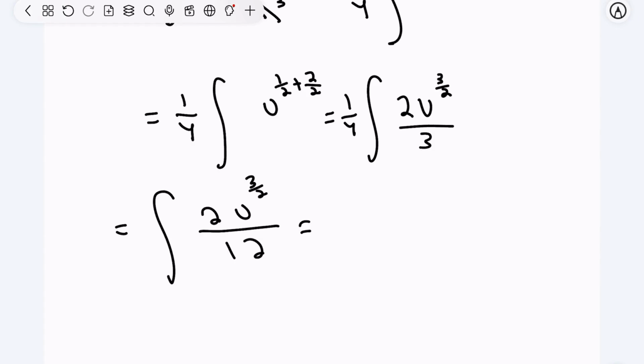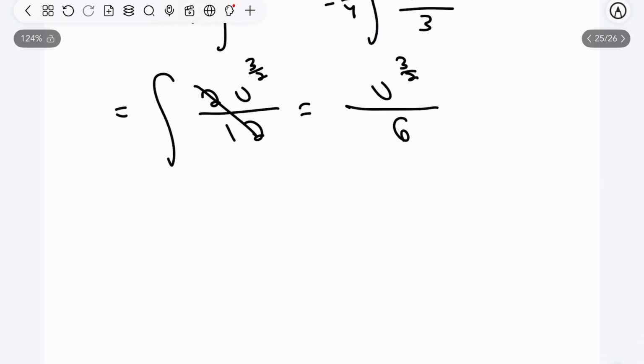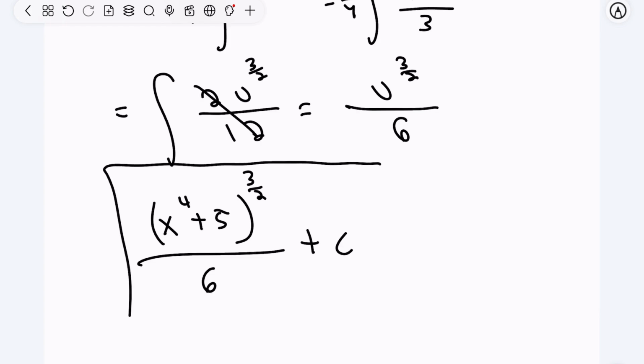Okay, now we can simplify that. That's going to be u to the 3 over 2 over 6. Now we can plug back in the u, which is x to the 4 plus 5. So that's going to be x to the 4 plus 5, to the 3 over 2, divided by 6, plus c. And that is your final answer.